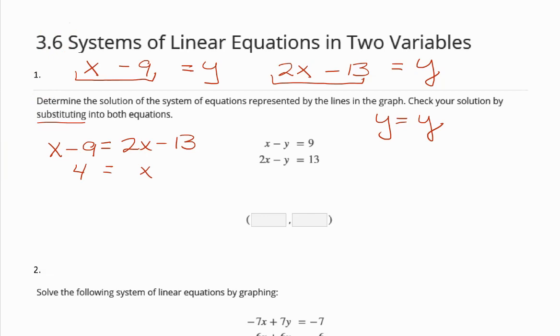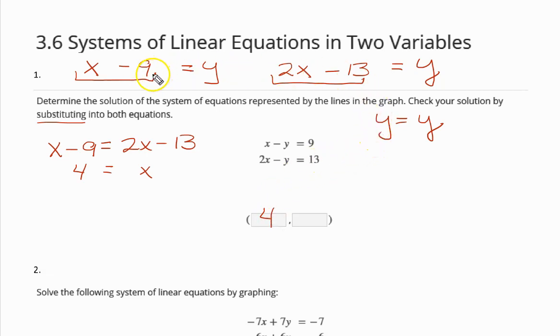All right, did you get something like this? Going to take the x over to this side where it becomes a negative x, and this just becomes then a positive x. Transpose the negative 13 to this side where it becomes a positive 13. Take 9 away, and you get x equals 4. So you have one of your ordered pairs now, a 4.